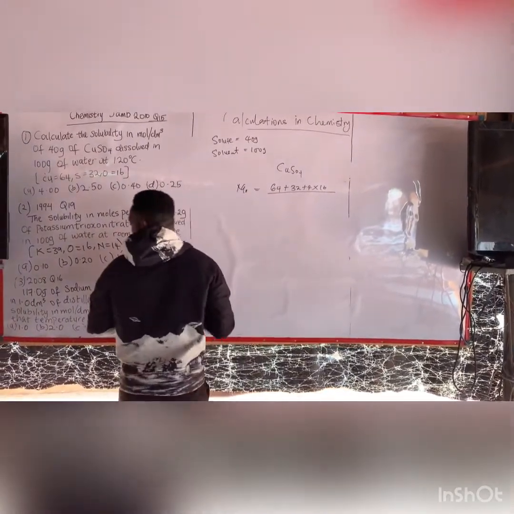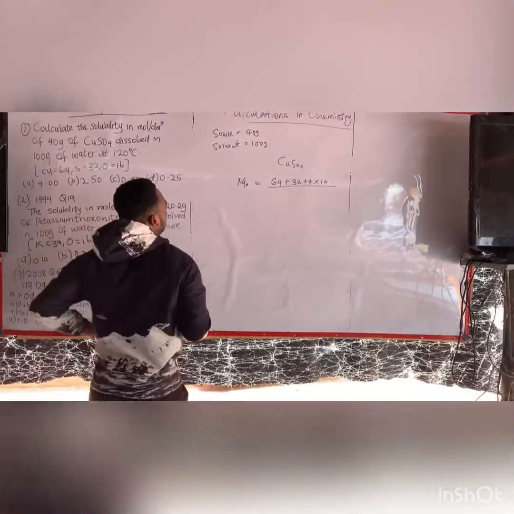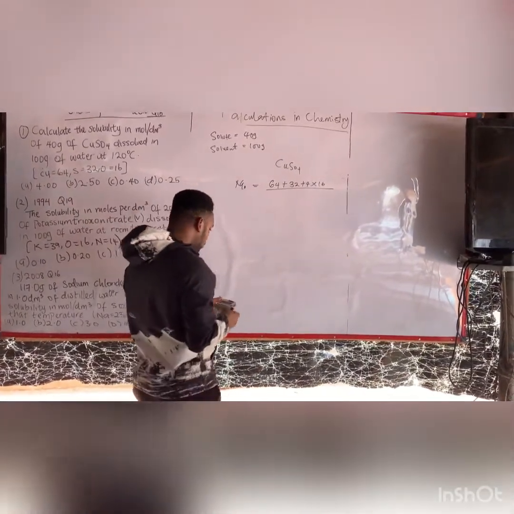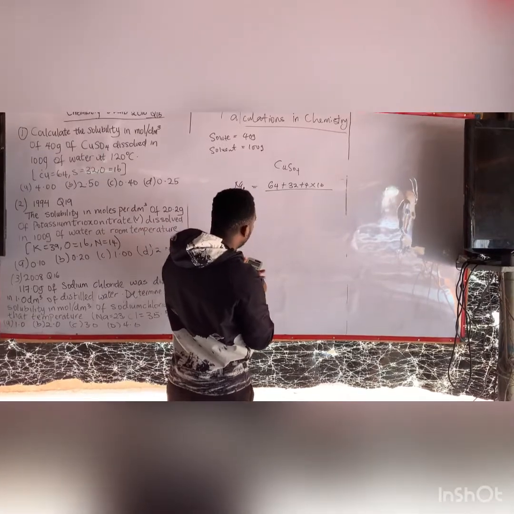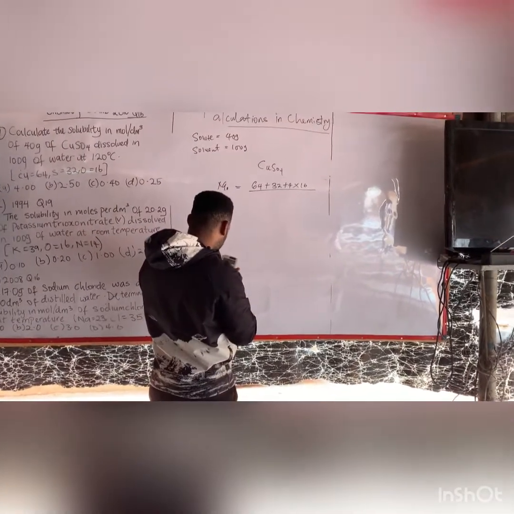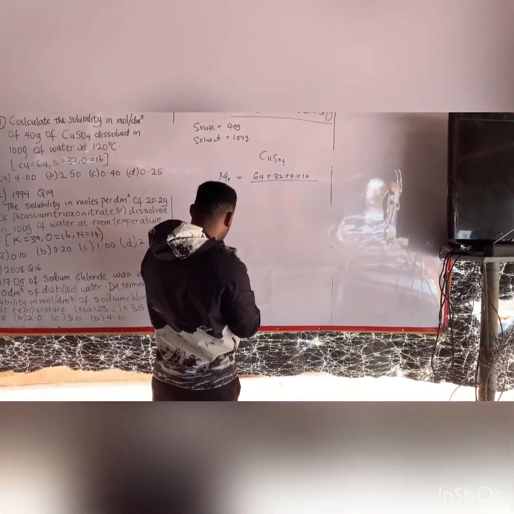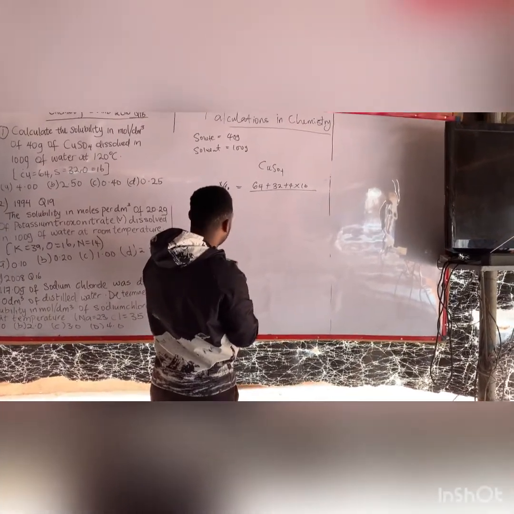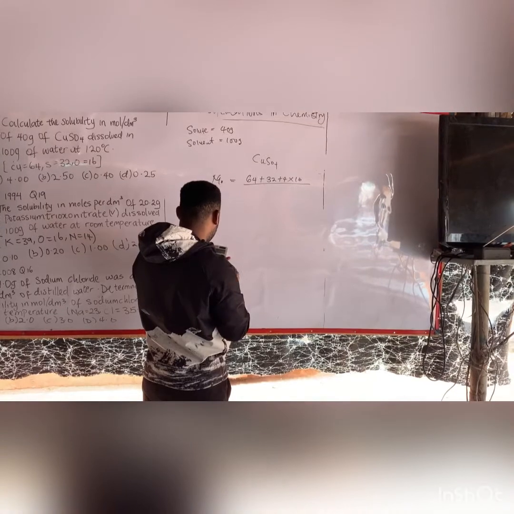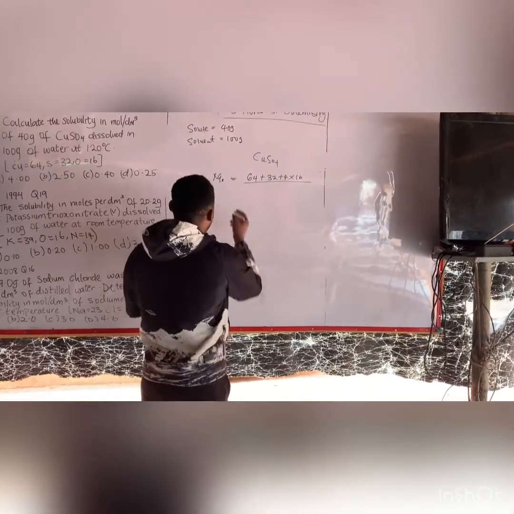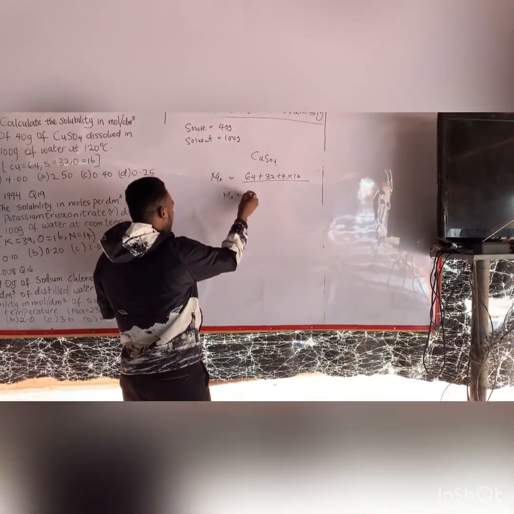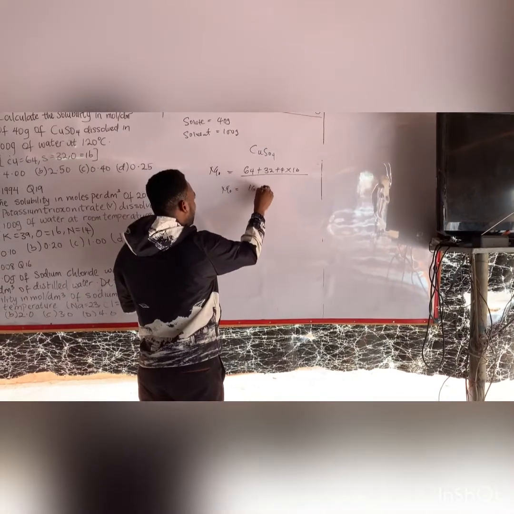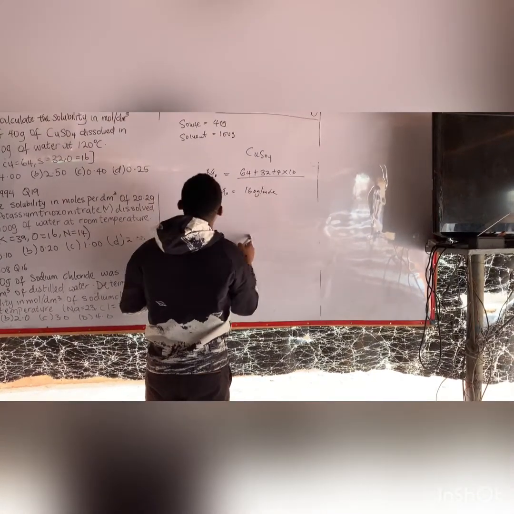Alright, so I'll grab my calculator and do that quickly. The molar mass is 160 grams per mole.